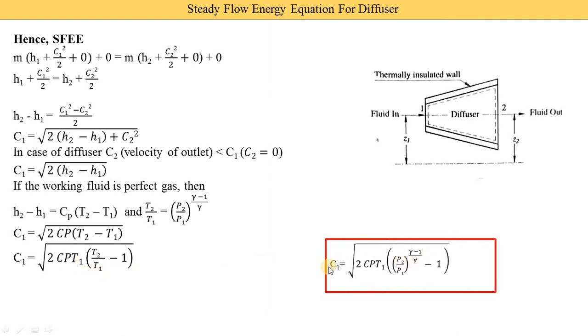Then we further simplify by putting in the value of t2 upon t1. So this t2 upon t1 is replaced by p2 upon p1 raised to gamma minus 1 upon gamma. So here you see this equation: c1 is equal to the square root of 2 cp t1 in bracket p2 upon p1 raised to gamma minus 1 upon gamma, minus 1. So this is the final equation for the diffuser.